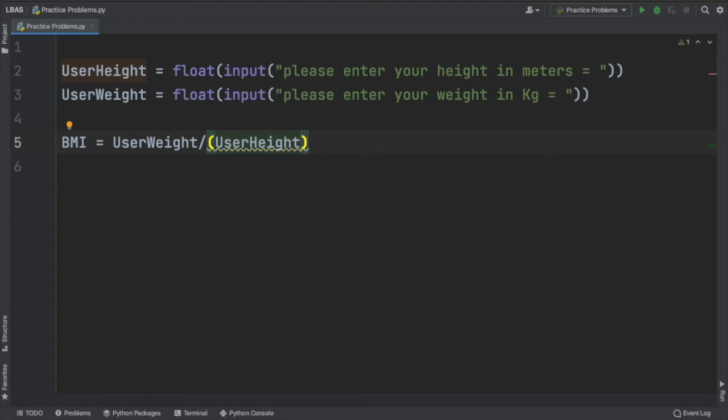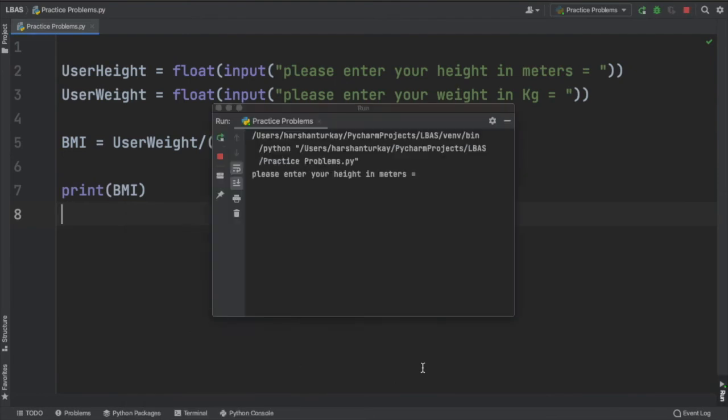Although I know for a fact that the exponent has more precedence than division, writing the math like this makes the whole thing very clear and easy to understand. Alright, so I have the BMI. I'll just print BMI now. Alright. Okay, now let's run this.